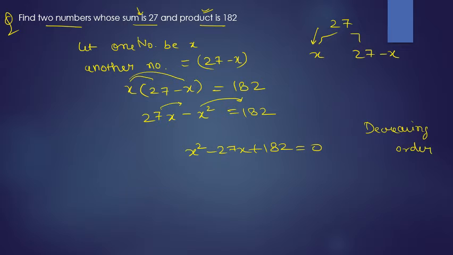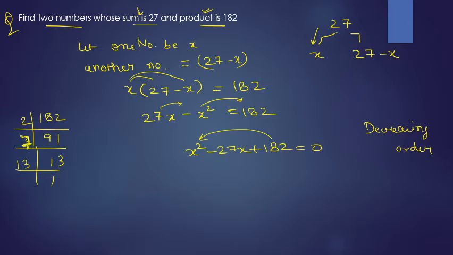Correct? Now what's the next step? You have to multiply a and c, right? So 182 multiplied by 1. Now take LCM. 2 9s are 18, 2 1s are 2. You can do it with 7. 7 1s are 7, 7 3s are 21, and 13 times 1 is 13. Now with these factors, you have to apply some arrangements so as to get the middle term.